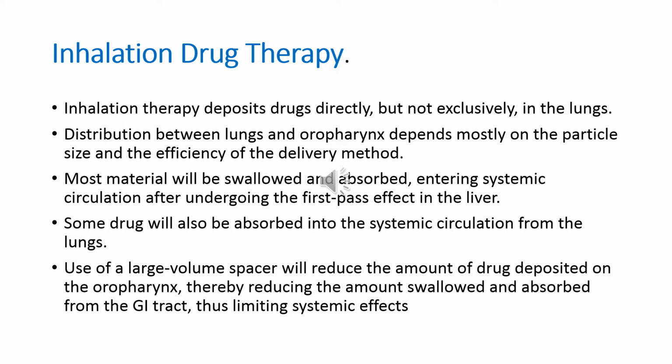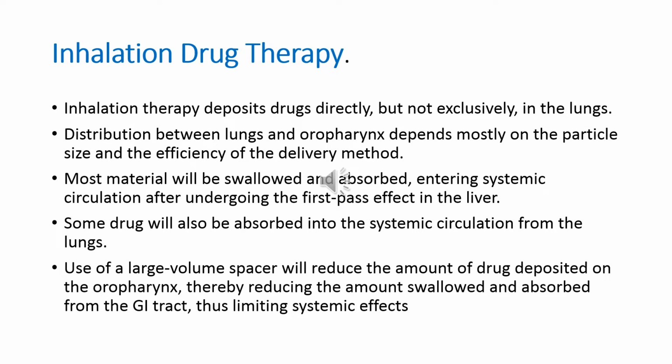Inhalation drug therapy deposits drugs directly but not exclusively in the lungs. Distribution between lungs and oropharynx depends mostly on the particle size and the efficiency of the delivery method. Most material will be swallowed and absorbed, entering systemic circulation after undergoing the first pass effect in the liver.